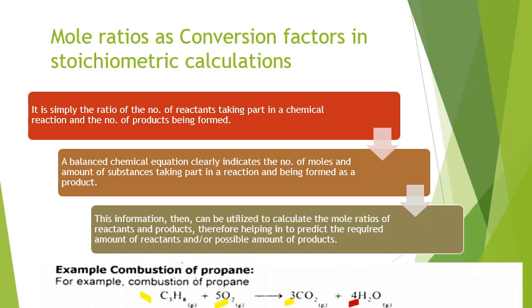For example, once again, according to this equation, 1 mole of propane requires 5 moles of oxygen, right, in this balanced chemical equation to get the product. So if we are going to make use of 2 moles of C3H8, how many moles of oxygen will be required?